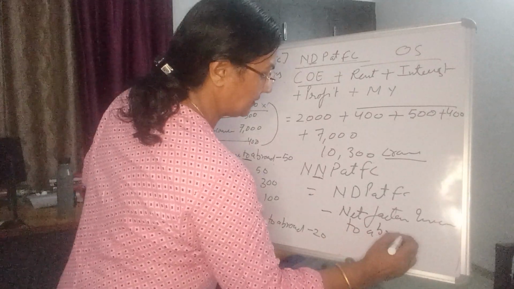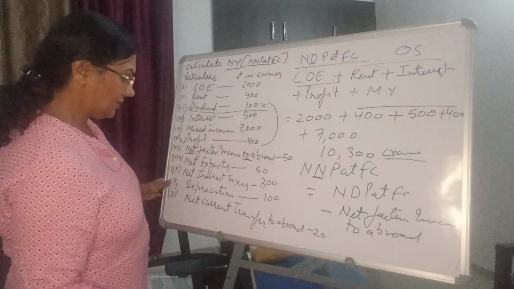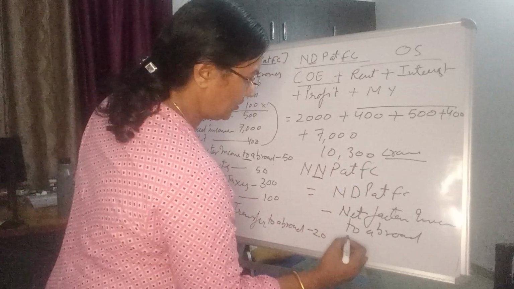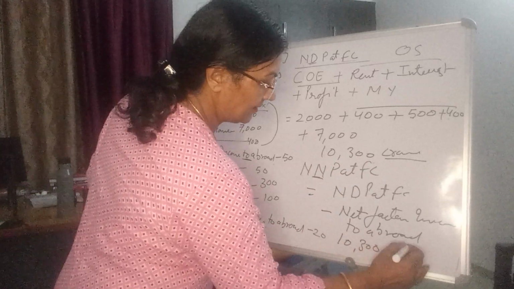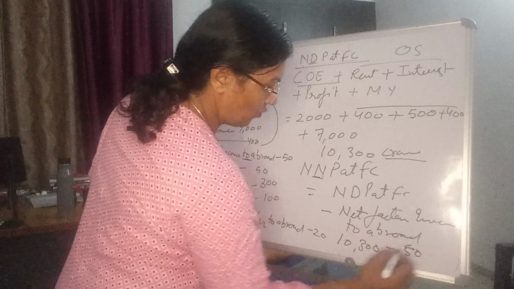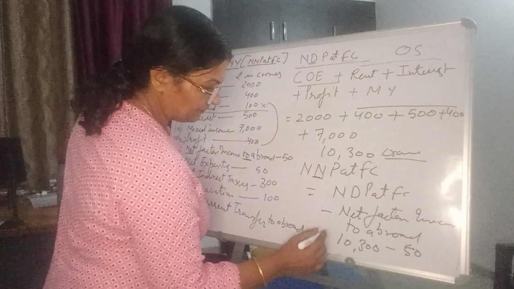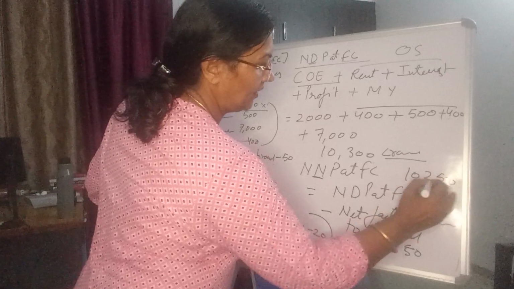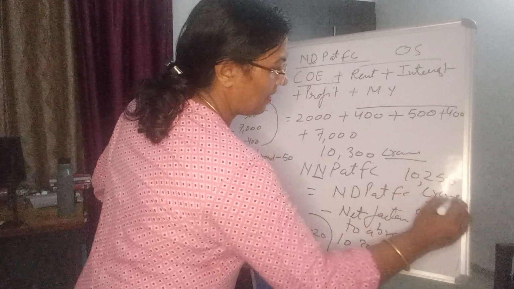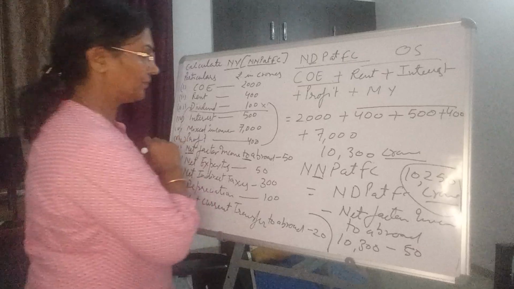How much is it given here? This is 50. So 10,300 minus 50. What does it come to? 10,250 crore is the answer of the question.